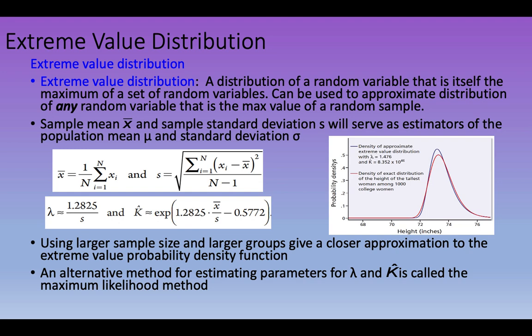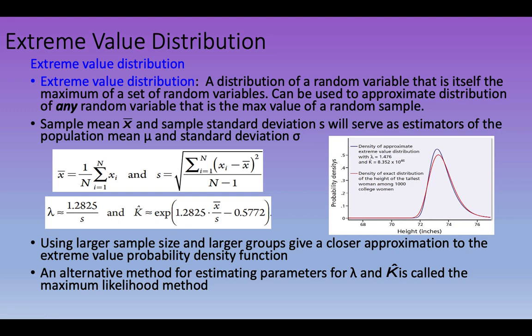So again, we were talking about the extreme value distribution. We talked about this earlier. Just to remember, it's the distribution of random variables that is itself the maximum of a set of random variables. So in other words, we sample from some sort of population, say college women, and we sample 1,000 of them. What's the largest height of that group every time?